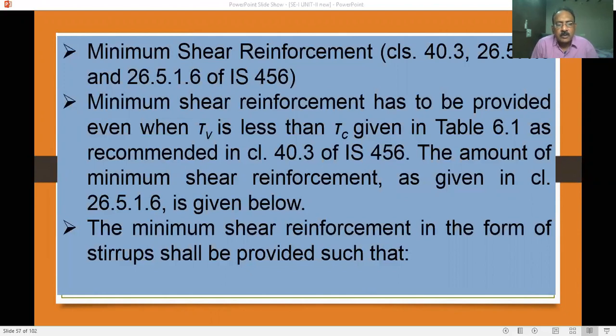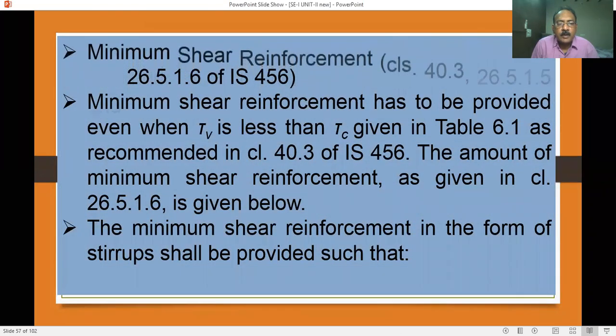B is your width of beam, or bw, that is the web of flanged beams in a T beam section, right? This is the minimum shear reinforcement we have to provide as per the code, and it will be provided in the shape of stirrups.